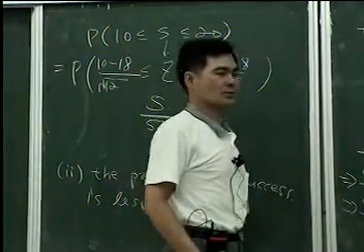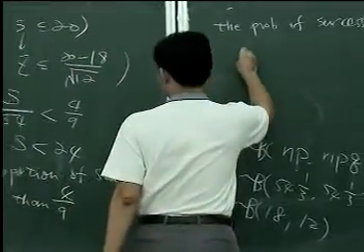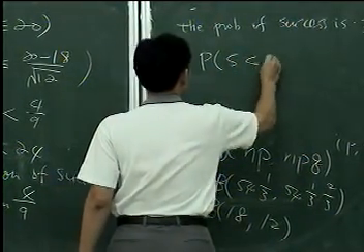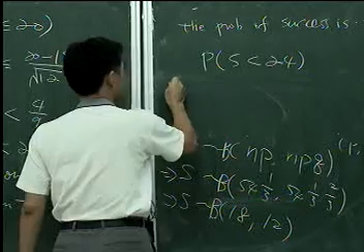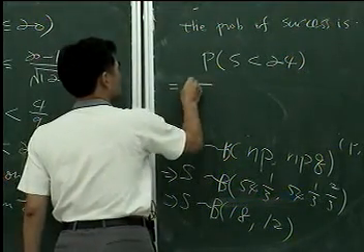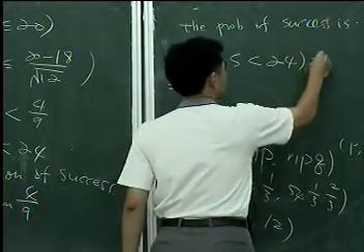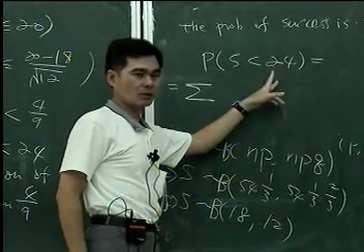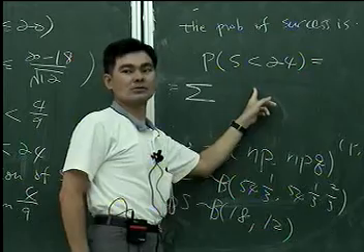There are two ways to deal with it. The first one: probability of S less than 24. Because it's less than 24, it's starting from 23, 22, up to 0.